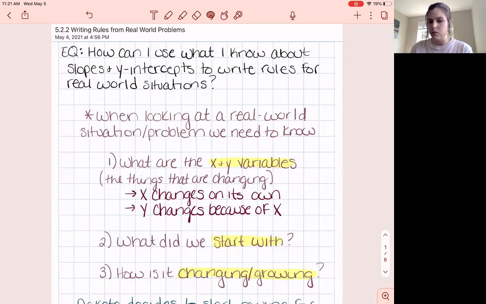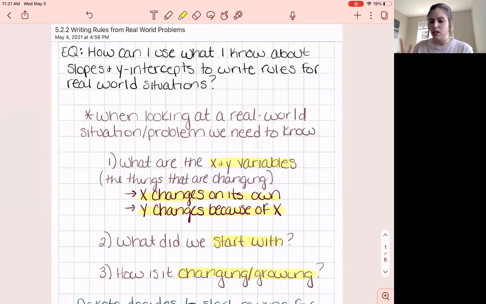So in a real world situation, we need to know which is going to be X and which is Y. The way that we know this is, and we can highlight this, that the variable that changes on its own is going to be X. And then the Y variable is whatever changes because X is changing. That will make more sense when we get into a real problem, but X will always be whatever's changing on its own, and then Y changes because we're changing X.